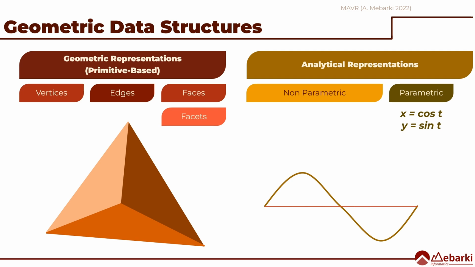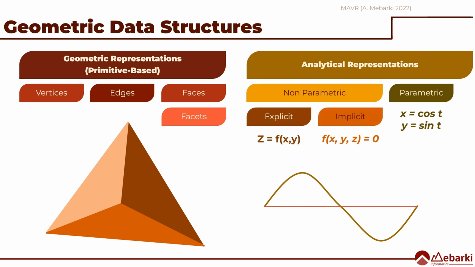Non-parametric forms, which may be explicit, for example, z equals f of x, y, or implicit, e.g., f of x, y, z equals 0. These representations are space-efficient and precise, making them ideal for mathematical operations and smooth surfaces.